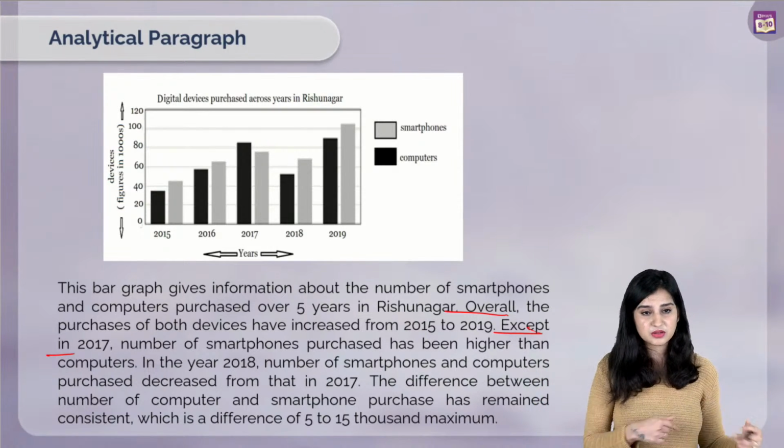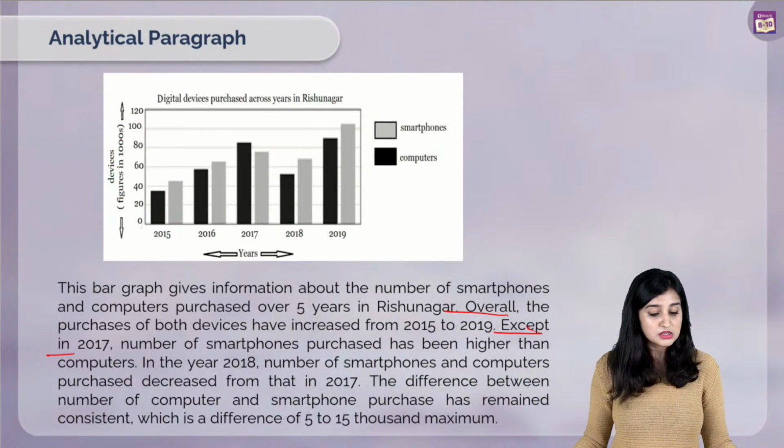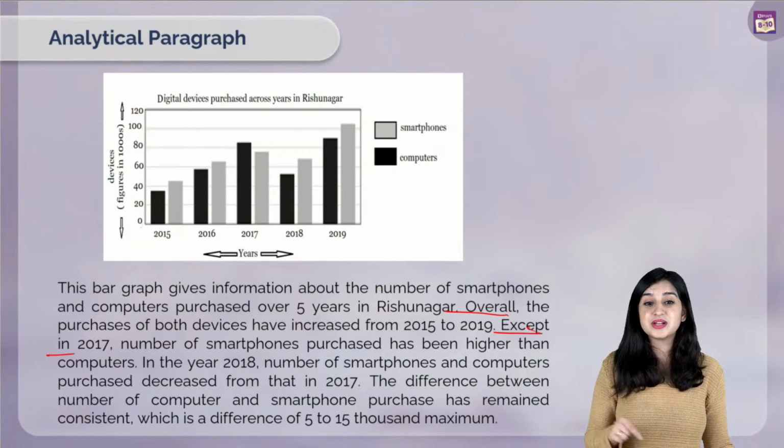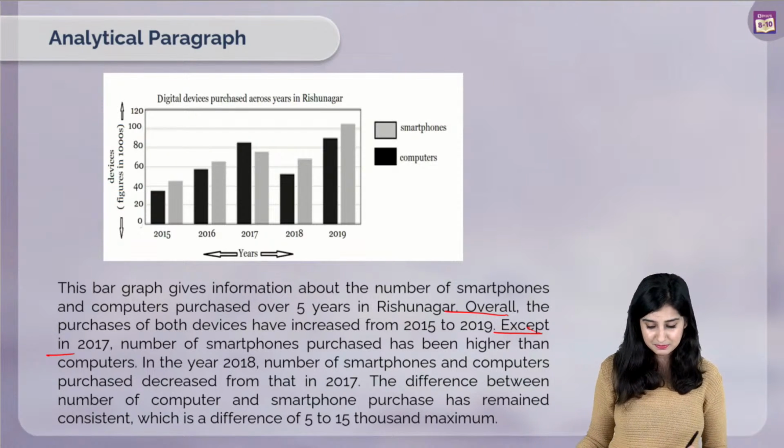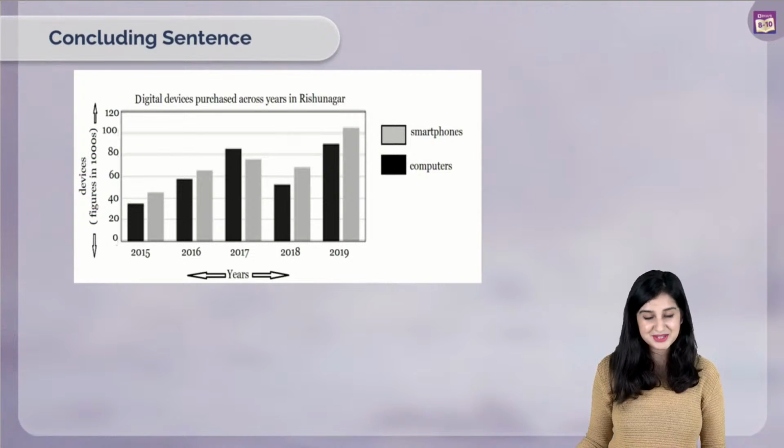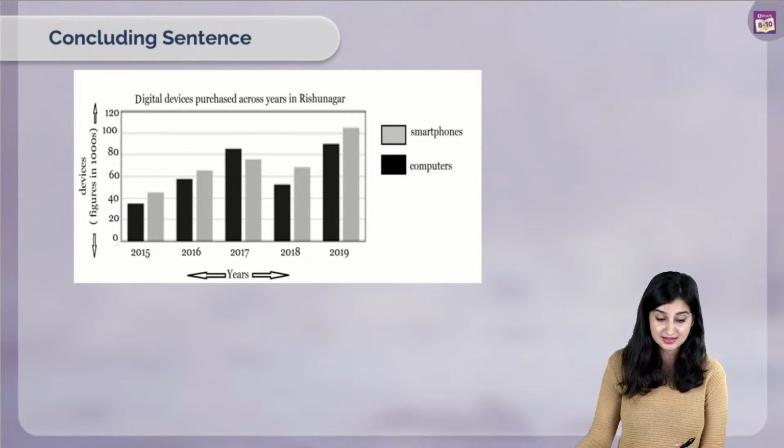We can use that here also. These kinds of phrases will help you link your different sentences together so that it flows in a logical progression. All right, and all that's left to us now is coming to our concluding sentence.